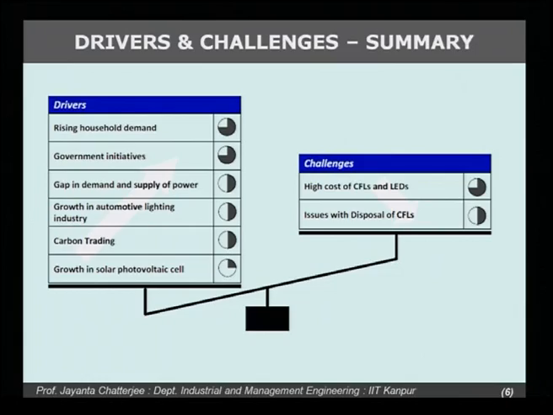In fact, as of this year, electricity distribution has reached every village. We have nearly 675,000 villages in India. Today, we can say that we have the electricity connection in every village.